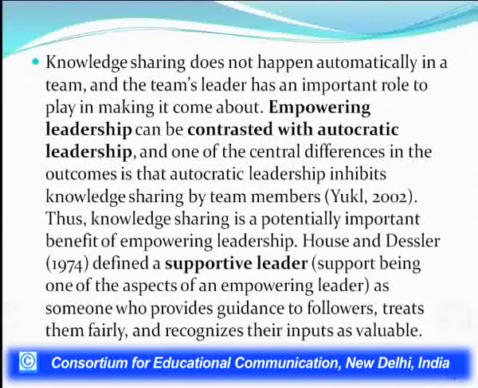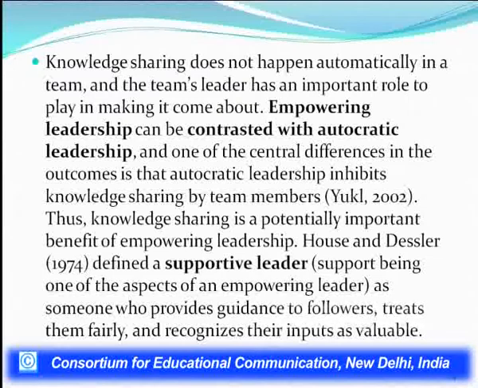Knowledge sharing does not happen automatically in a team, and the team's leader has an important role to play in making it come about. Empowering leadership can be contrasted with autocratic leadership, and one of the central differences in the outcome is that autocratic leadership inhibits knowledge sharing by team members.